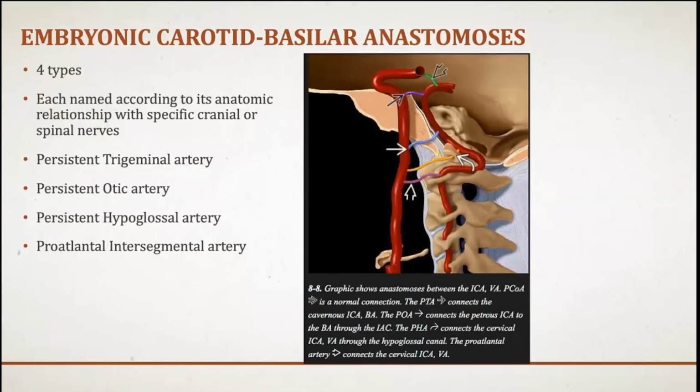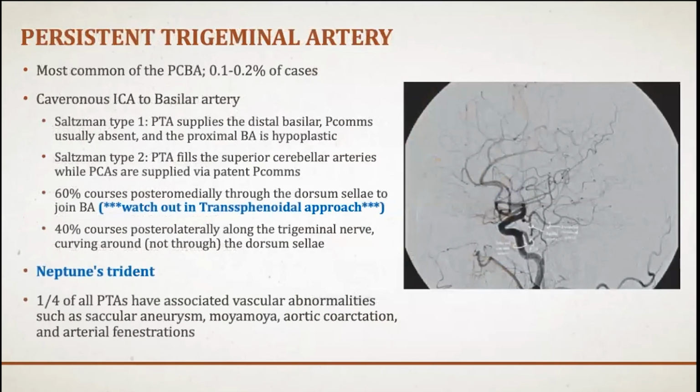So there's four major ones, and each is named according to its anatomic relationship with specific cranial or spinal nerves. So there's the persistent trigeminal artery, the persistent otic artery, the persistent hypoglossal artery, and the pro-atlantal intersegmental artery. And this is probably a little bit above the scope of medical students, but they're still important to know.